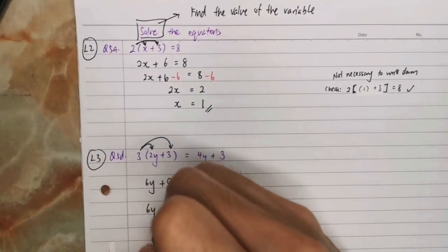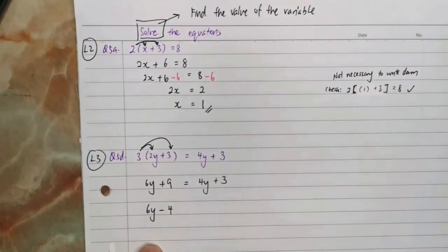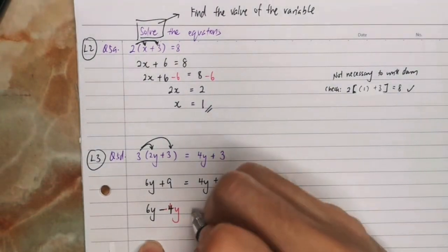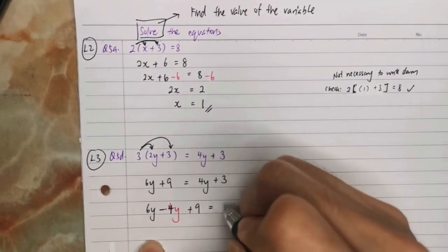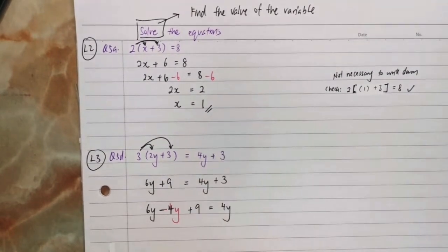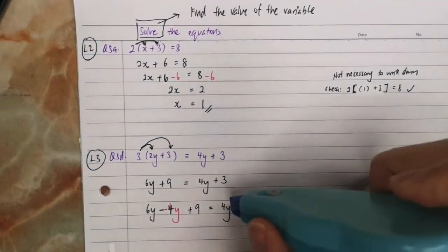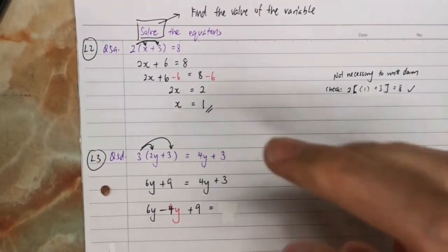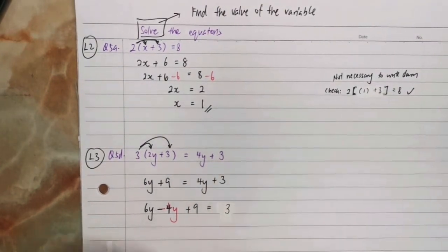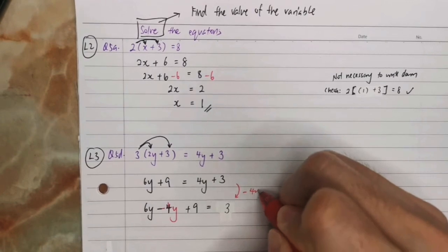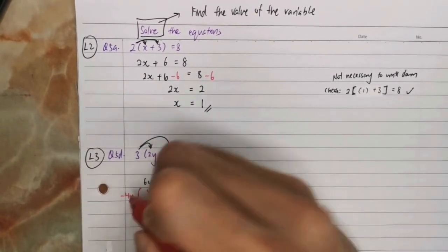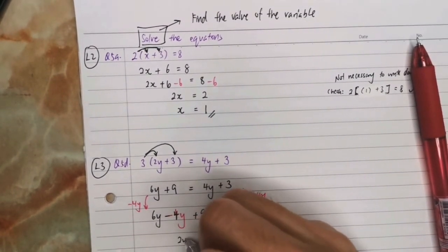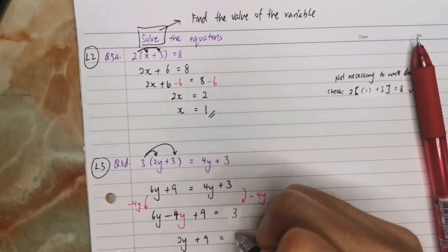So 6y minus 4y plus 9 equals 4y minus 4y, which is 0. So I'm left with a 3 on the right side. In this step, I minus 4y away. So 6y minus 4y is 2y plus 9 equals 3.